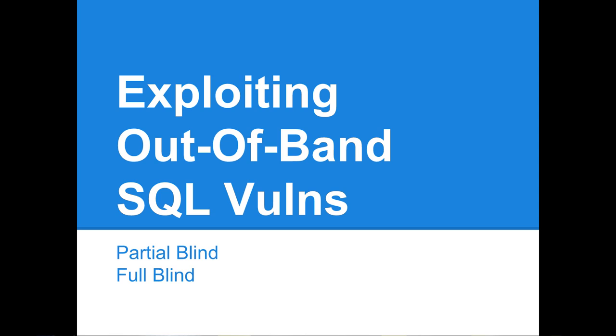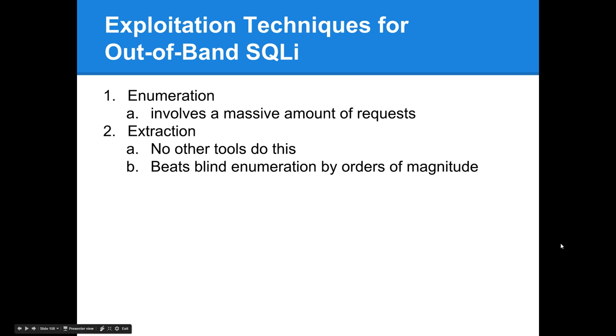Next we're going to cover exploiting out-of-band SQL injection vulnerabilities, and both partial and full blind. The two main techniques that people use are primarily binary enumeration. However, bitwise extraction is a far more efficient and covert technique that is used by the more elite pen testers.